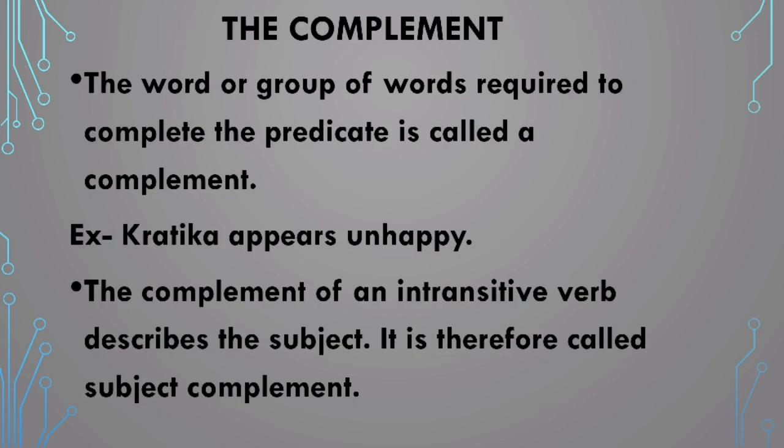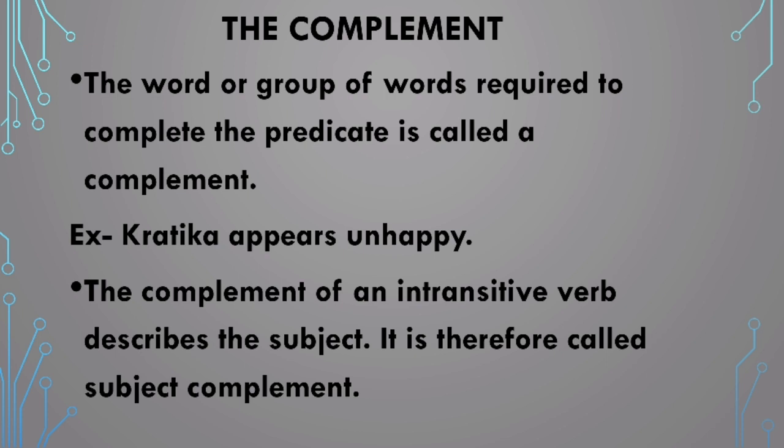Our next part is the complement. The word or group of words which are required to complete the predicate are the complement. ऐसे words जो predicate का meaning complete करते हैं, that are known as complement. Like, let's take an example. Kratika appears unhappy. Kratika appears unhappy. Okay, so in this, appears unhappy is the predicate because Kratika is the subject. We are talking about Kratika.